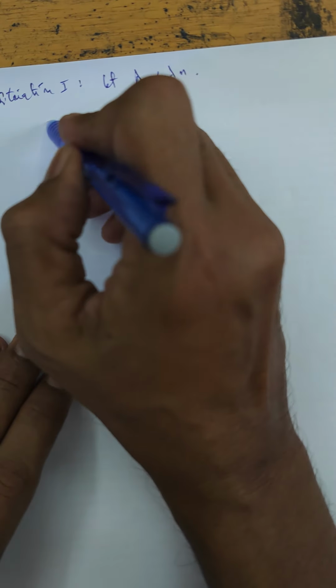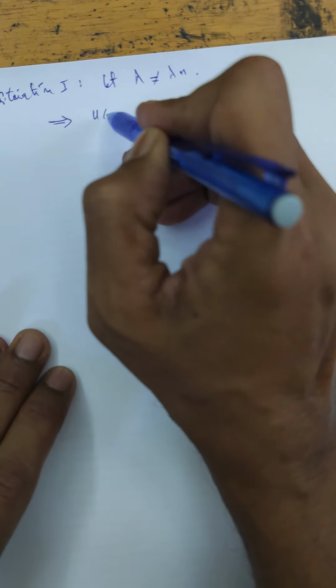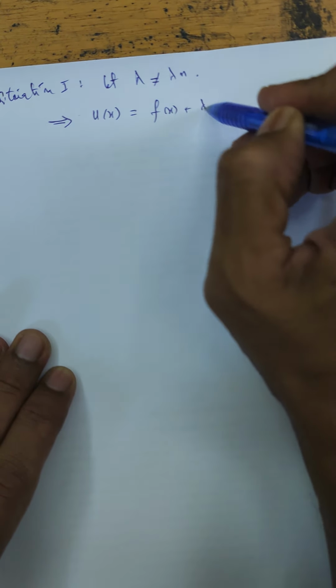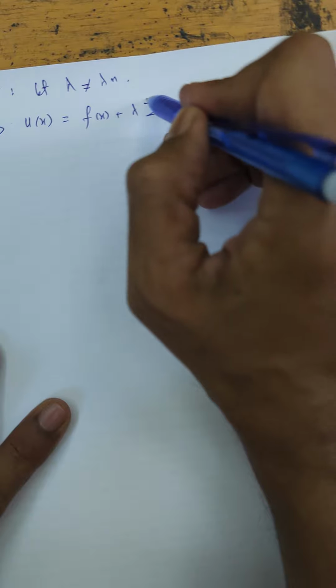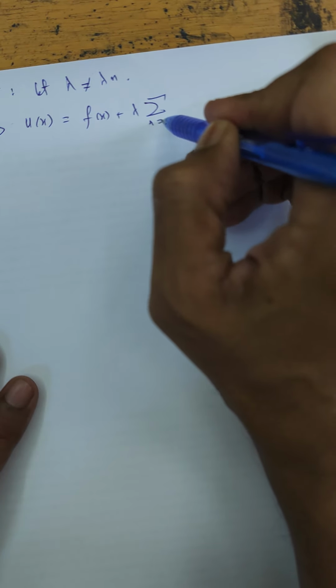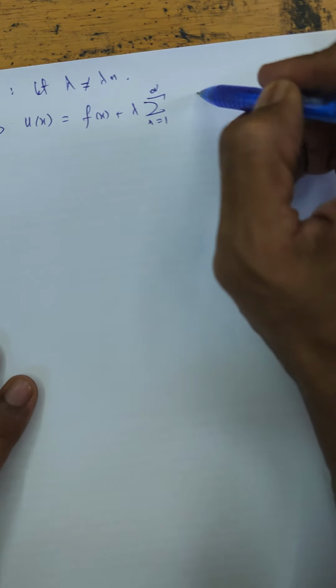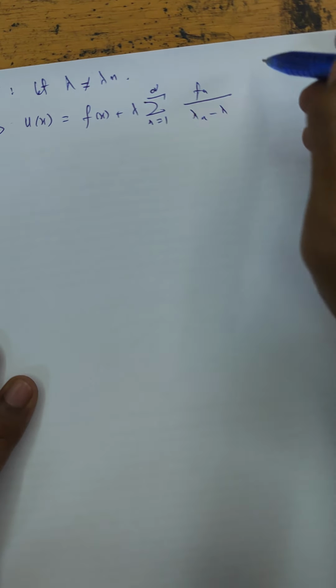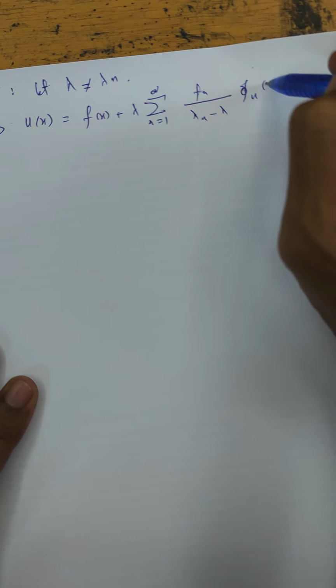So in this case, we have our u(x) is equal to f(x) plus lambda sum n equal to 1 to infinity f n over lambda n minus lambda phi n x.